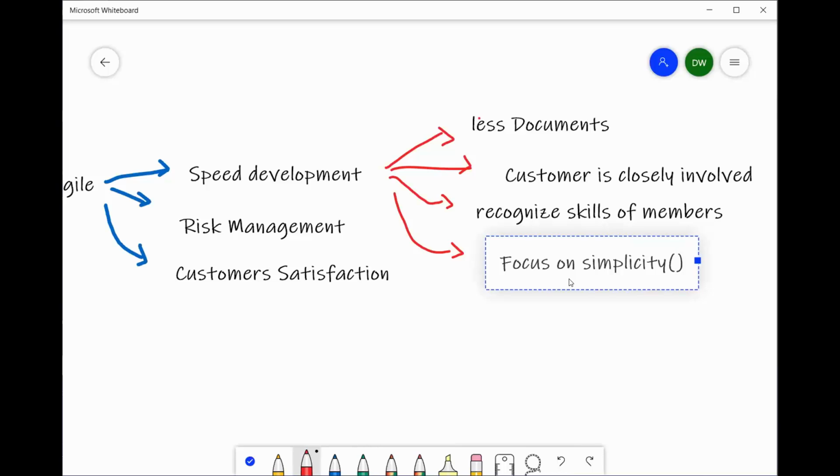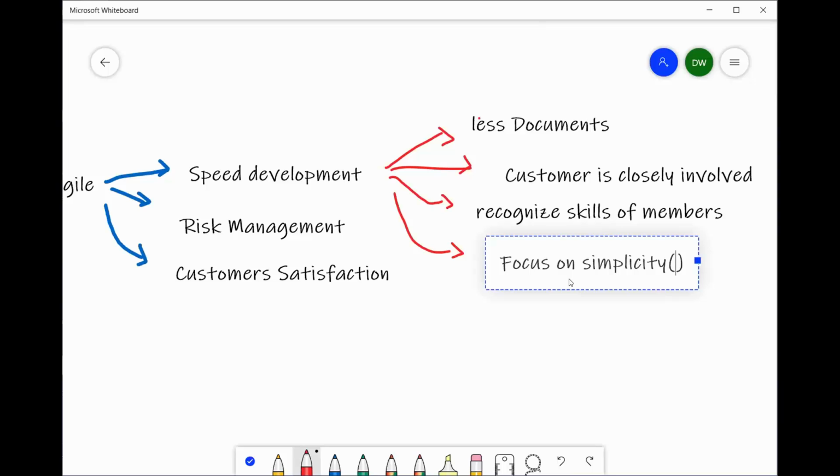And the reason for dividing into small tasks is also a result of this focusing on simplicity, right? So when they divide the whole project into small sections and reduce the complexity, again that results in speed development.